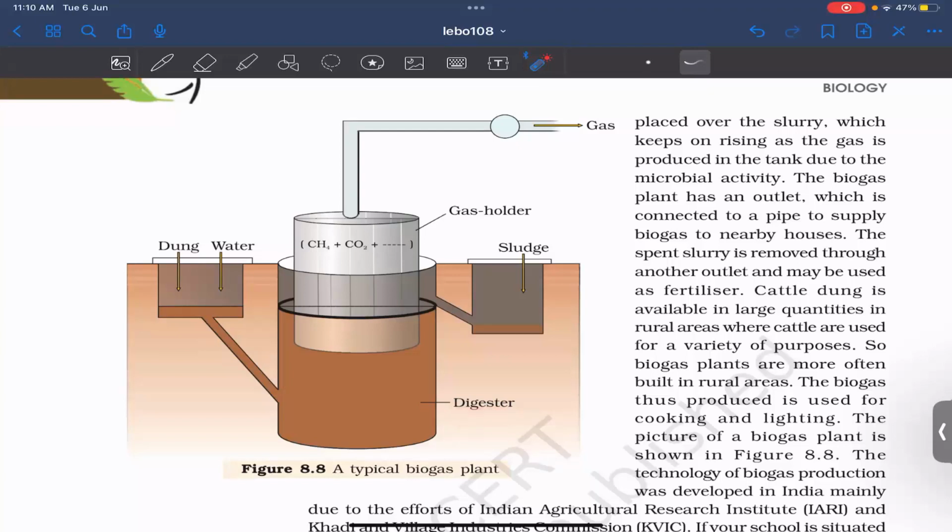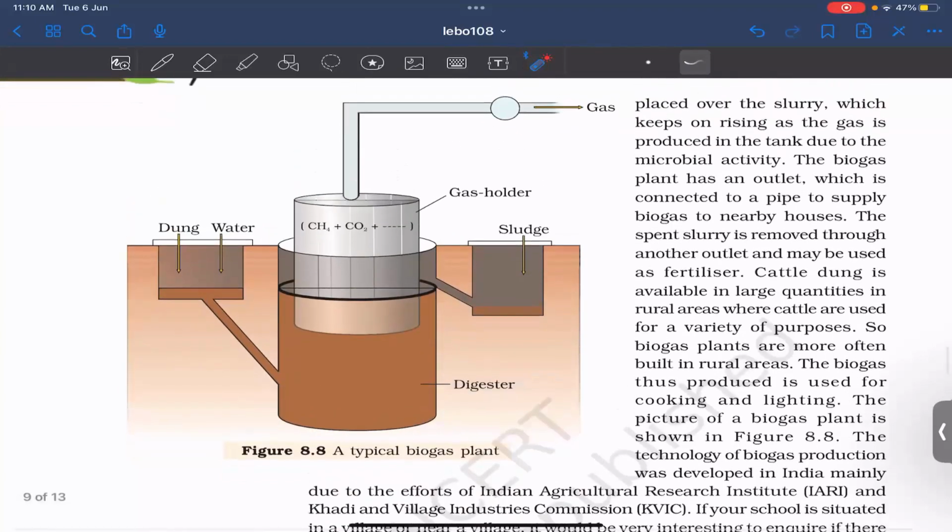The methanogens or the other bacteria will anaerobically respire, and this will lead to the production of gases, and the accumulation of gas will take place at the upper part of the digester. Since the gases are lighter in density, they move to the upper part of the digester, which leads to upward movement of the floating chamber.